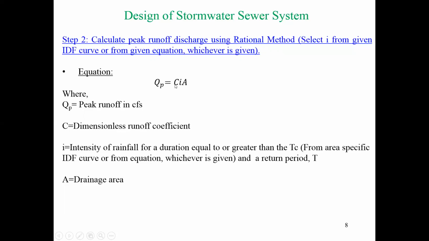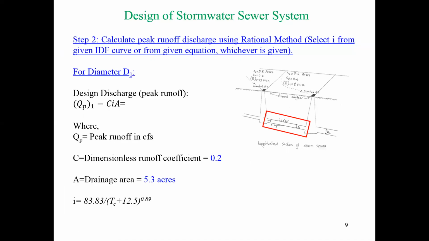We know C is the runoff coefficient, I is the intensity, and A is the drainage area or watershed area. So for this one, since we have to find D1 and D2, at first we will find D1 and then we will start working on D2.